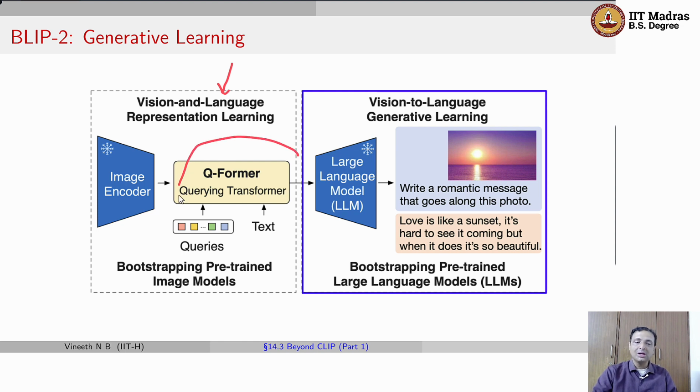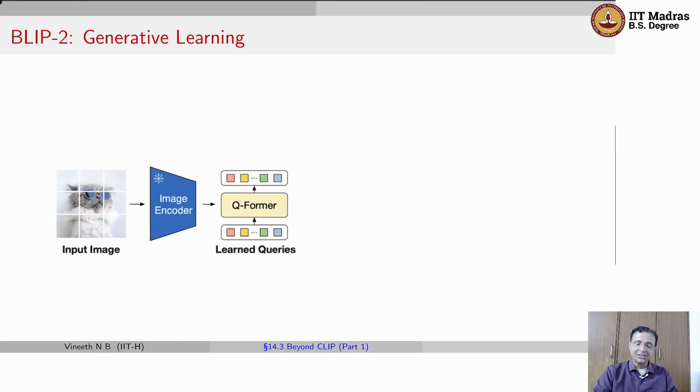So once this is all done in the Q-Former, the output tokens from the Q-Former go to the generative module, which is a fairly straightforward one, but let's look at that in more detail. Within the generative learning module, they consider two different ways of going about it. The output tokens of the Q-Former, please keep in mind, would be the same in number as the learned query tokens.